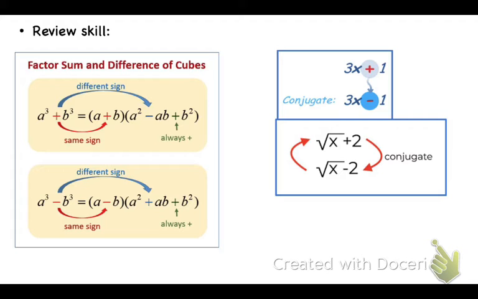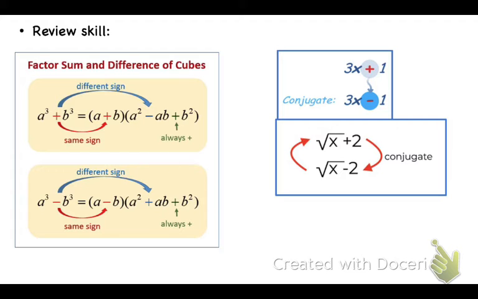Okay, a couple of review concepts that we need to remember is factoring the sum and difference of cubes. Remember our pattern. If I have a cubed plus b cubed, you take the cube root of the first, the same sign, the cube root of the second. Then you have the a plus b, and then you square the first, so we have a squared. Opposite sign, you multiply the two together, so ab, always positive. And then square the last. The difference is the same pattern.